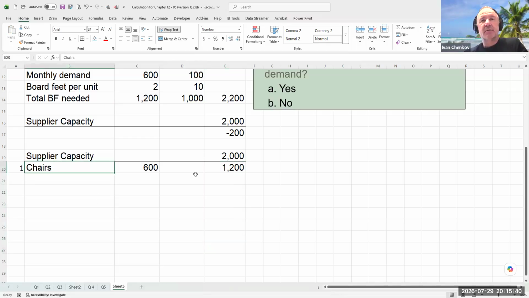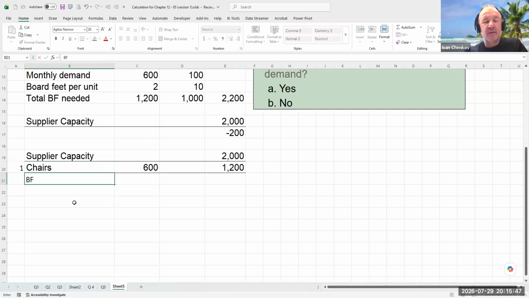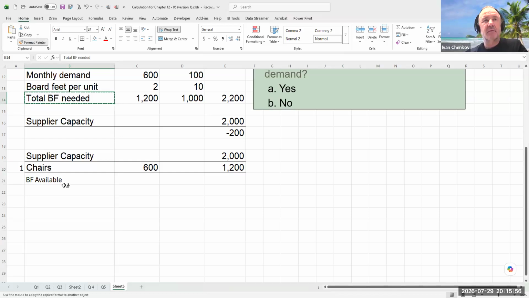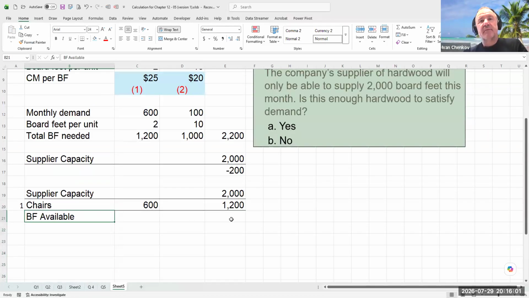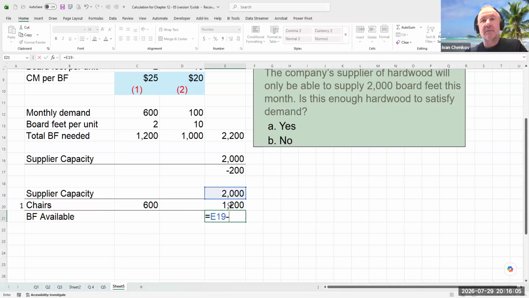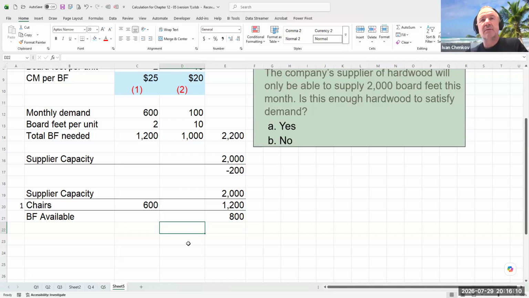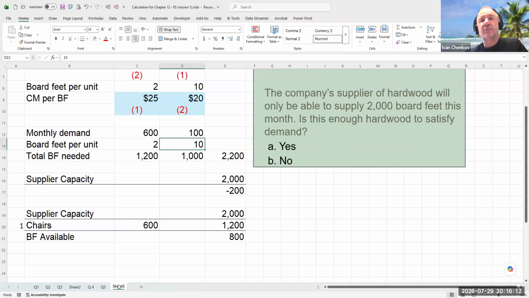So once I do the chairs, I'm going to have board feet available, which is 2,000 minus 1,200, or 800 board feet. Now what I know is I need 10 board feet to produce 1 table.